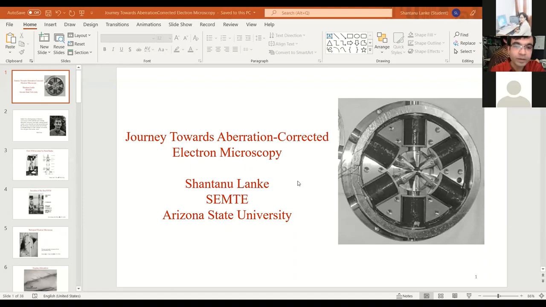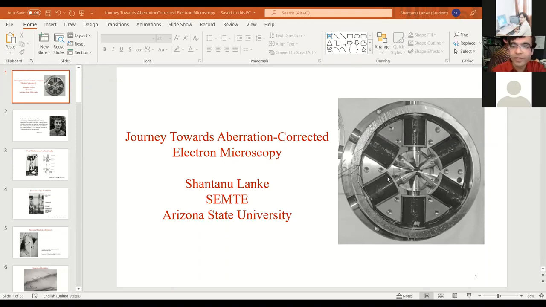So today I'm going to talk about the journey towards aberration-corrected electron microscopy, like how aberration correctors were developed. It really took a lot of years to build the first successful aberration corrected electron microscope in 1998.